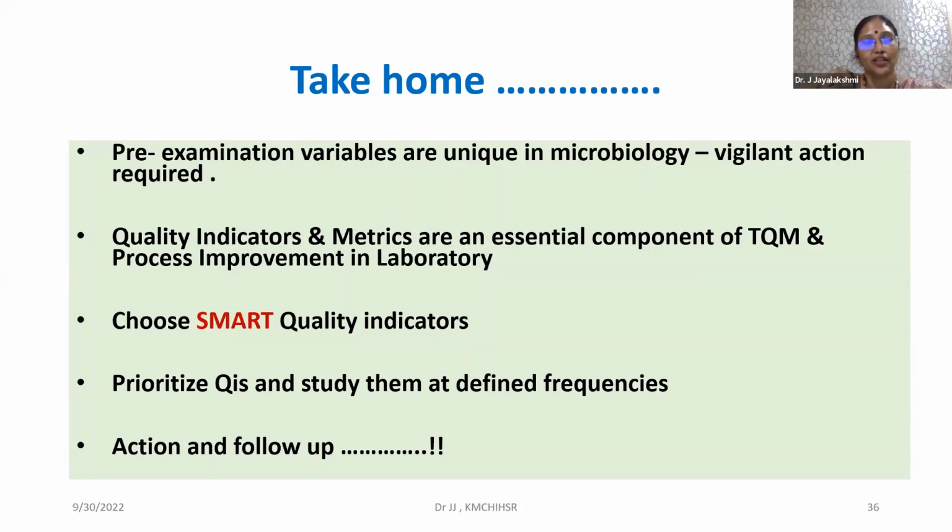So what is the intervention that needs to be done? What is the improvement activity that needs to be implemented as an action plan? And how do I follow up? When I follow up, that means I need to further capture the quality indicators to see the trend of raised contamination coming down. Okay, that gives you real happiness and satisfaction.